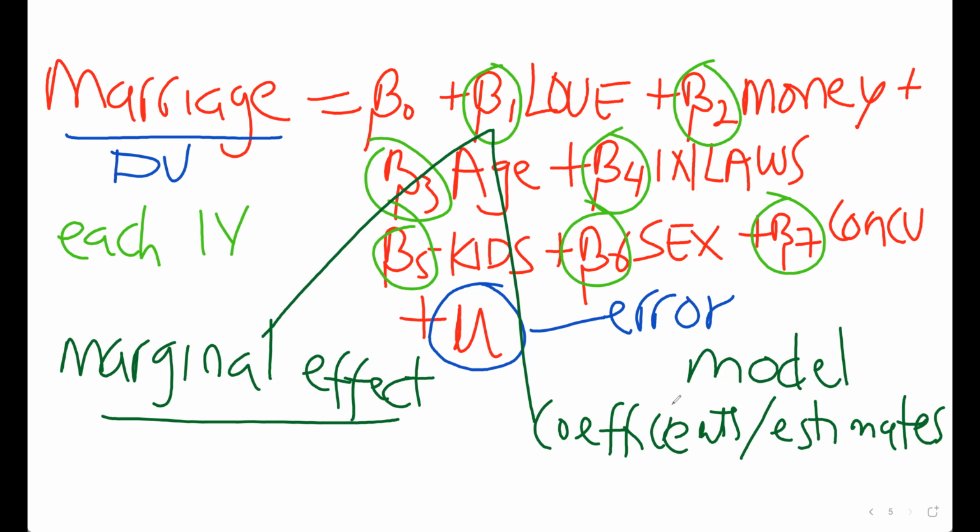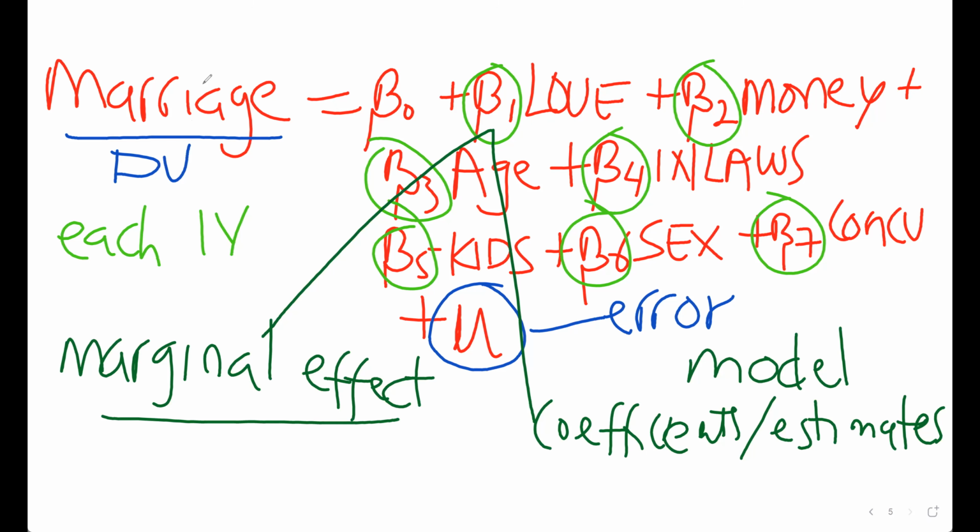But of course, it depends on the unit of measurement of money, because maybe 1 unit of love is more powerful than 1 unit of money. The key point is that the number in front of the independent variable tells you by how much that particular regressor predicts the dependent variable.